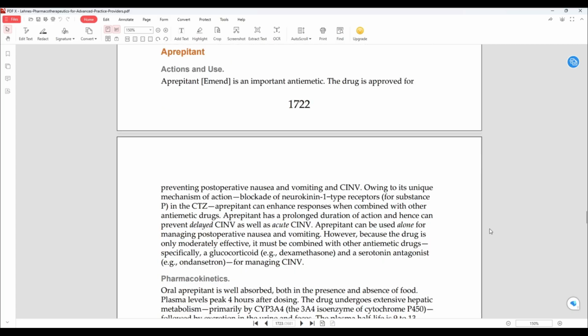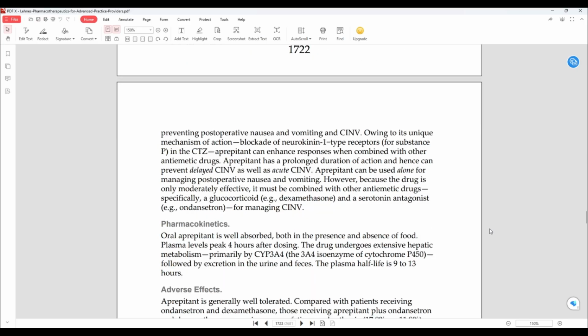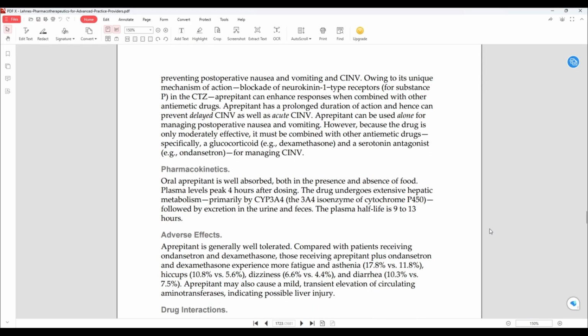Aprepitant, or Emend, is an important antiemetic. The drug is approved for preventing postoperative nausea and vomiting and CINV. Owing to its unique mechanism of action, the blockade of the neurokinin 1 type receptors in the CTZ, aprepitant can enhance responses when combined with other antiemetic drugs.